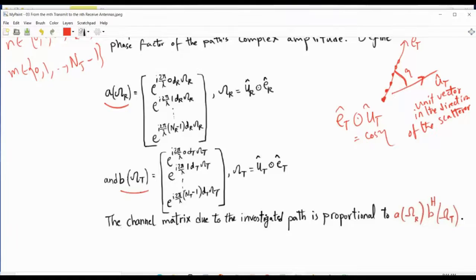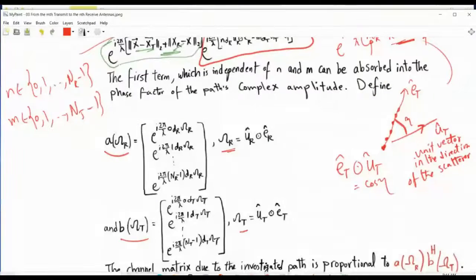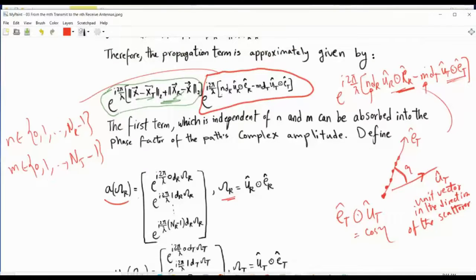I will call this dot product omega sub r, and I will call this dot product omega sub t. Vector A is e to the i 2 pi over lambda times an integer multiplied by d_r omega_r, and this integer is 0, 1, 2, up to n_r minus 1.